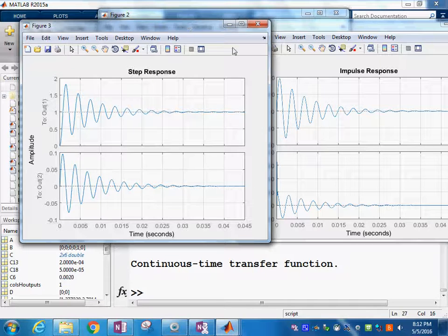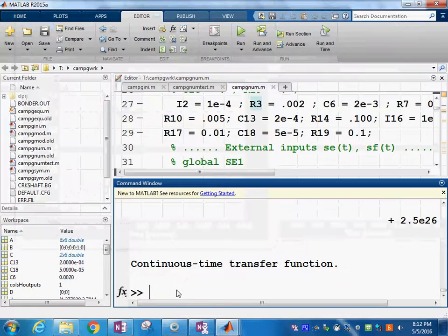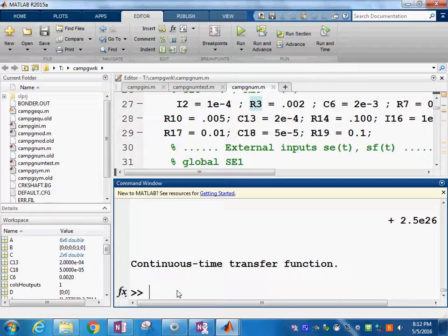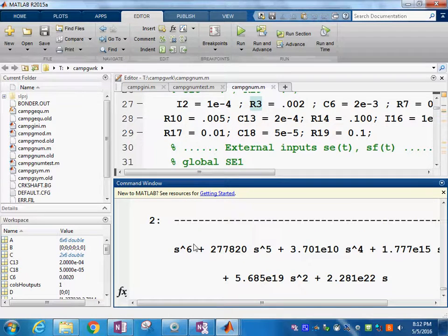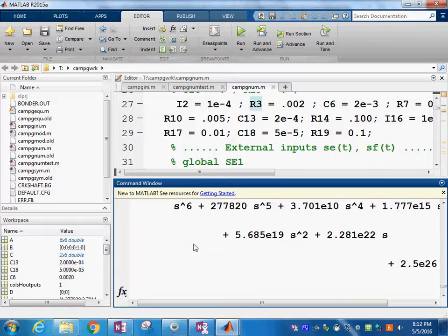In fact, you could look at the two of these transfer functions in here, and it has both of them in numeric form, and those are the ones that are being used to produce the plots that you just saw.